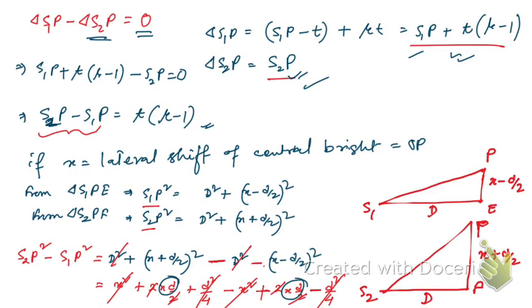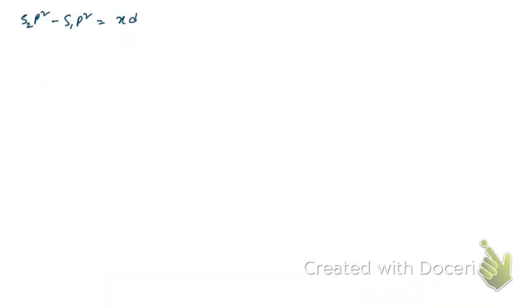So we have got 2x into d, this is plus, this is also plus, on the right hand side we have got xd plus xd, right? So that's why it becomes 2xd. So S2P square minus S1P square can be written this way, S2P plus S1P into S2P minus S1P, applying a plus b into a minus b, right?